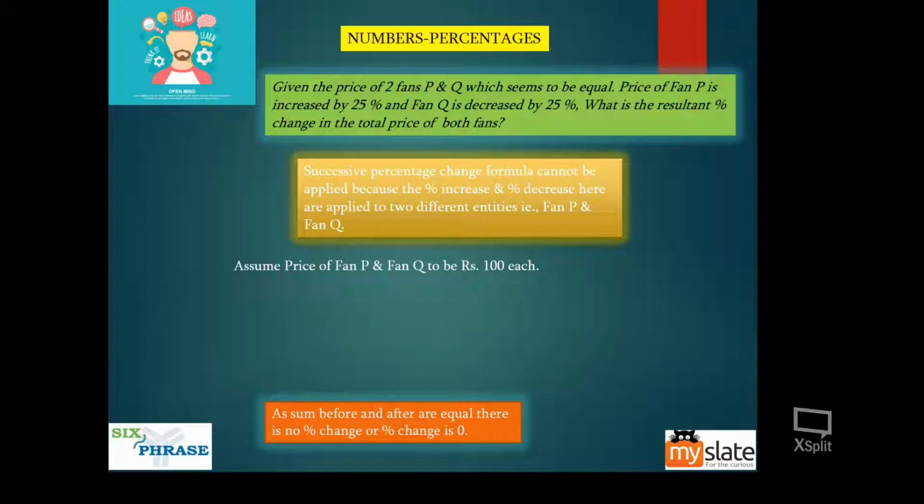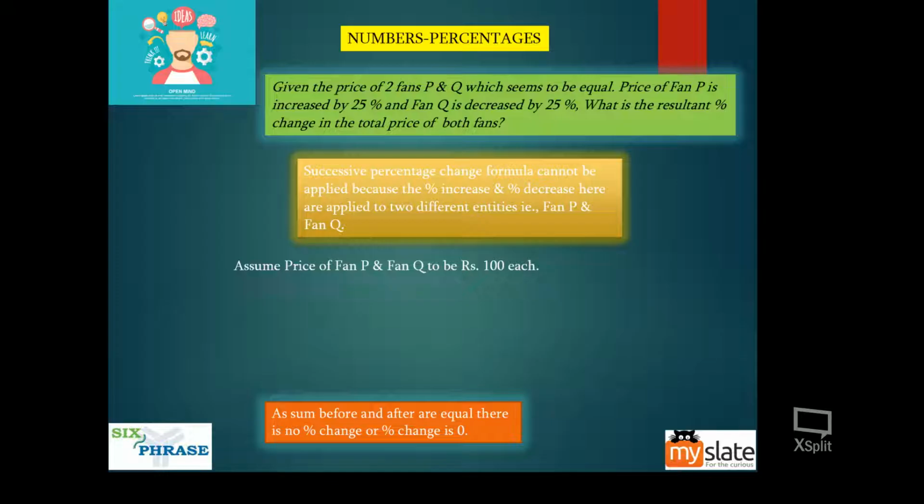So before you apply the percentage change, 25 percent increase and 25 percent decrease, there will be a total price for fan P and Q. After you apply the percentage change, there will again be a sum of prices of fan P and fan Q. We have to compare them and find the change in total price of both fans.